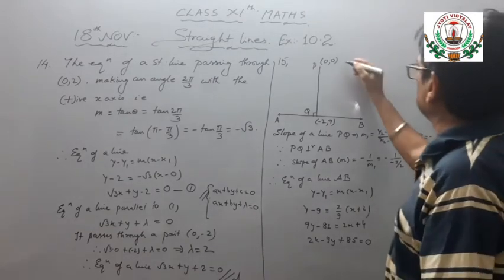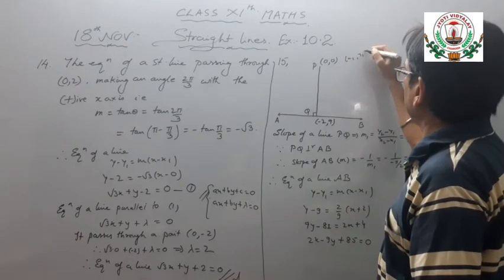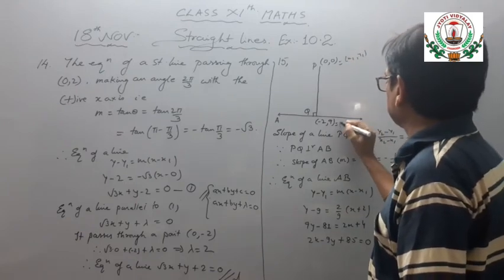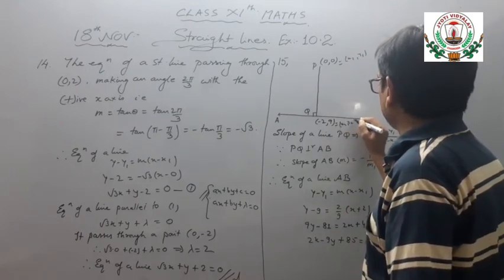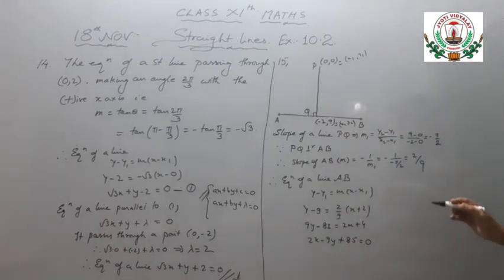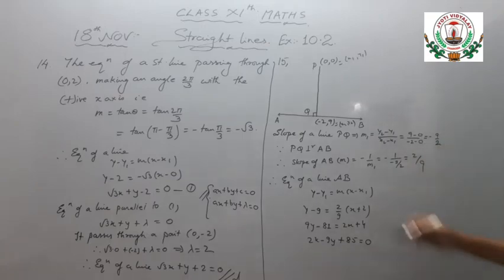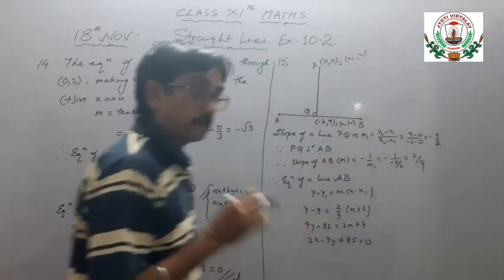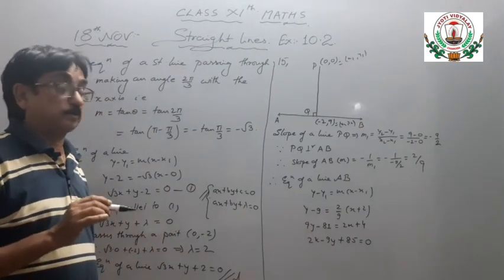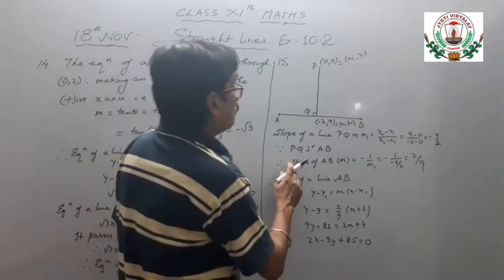This point I can take as (x1, y1) and this as (x2, y2). So (9 minus 0) upon (minus 2 minus 0) is minus 9 by 2.